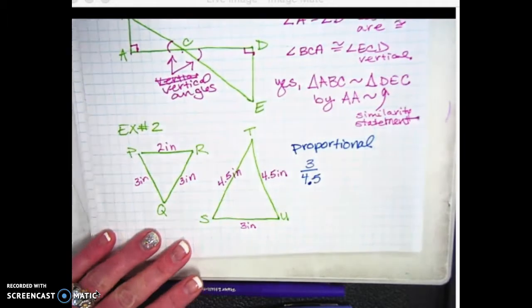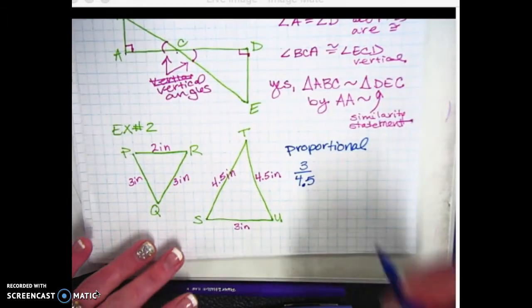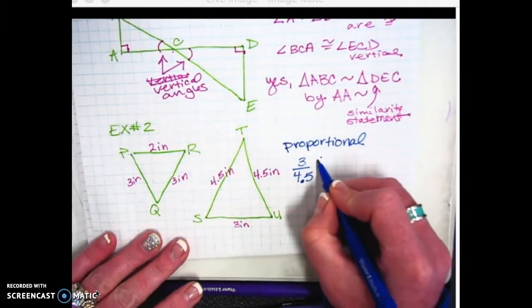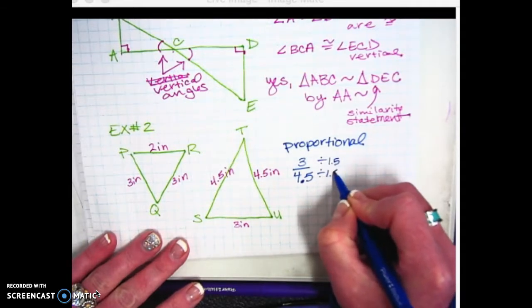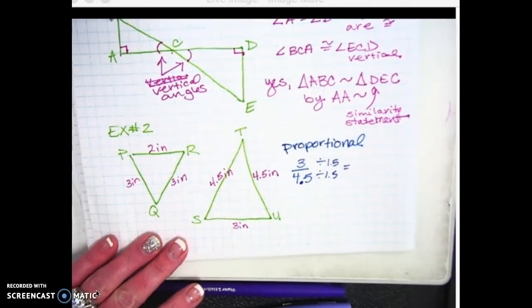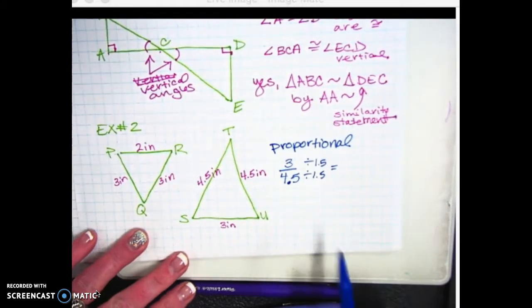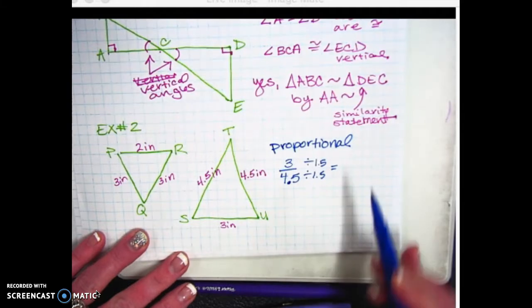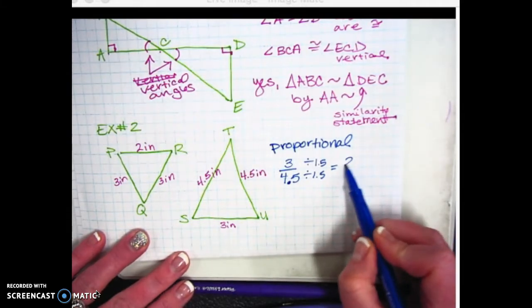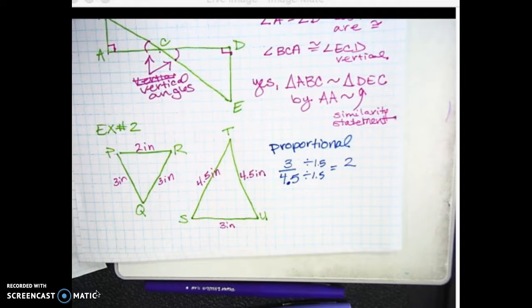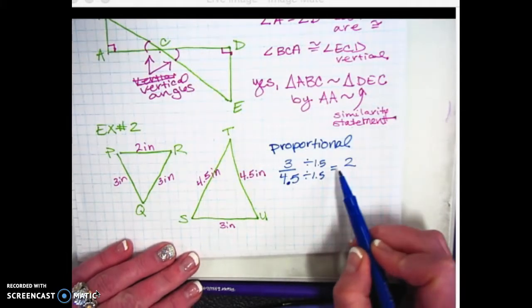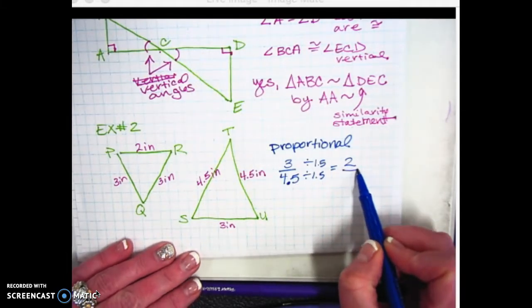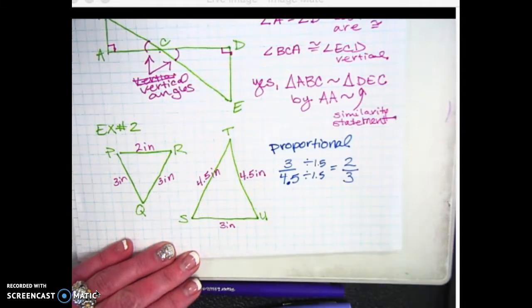If I take both of those numbers and divide them by 1.5, because they're both evenly divisible by 1.5. What is 3 divided by 1.5? How about 2? Who goes in there twice? Thank you. And 4.5 divided by 1.5 is 3. So I get 2/3.